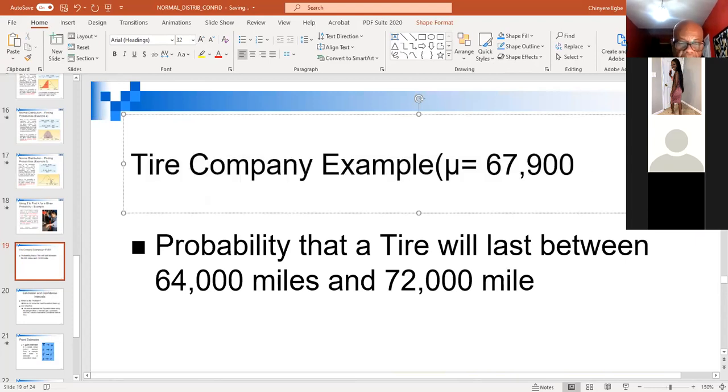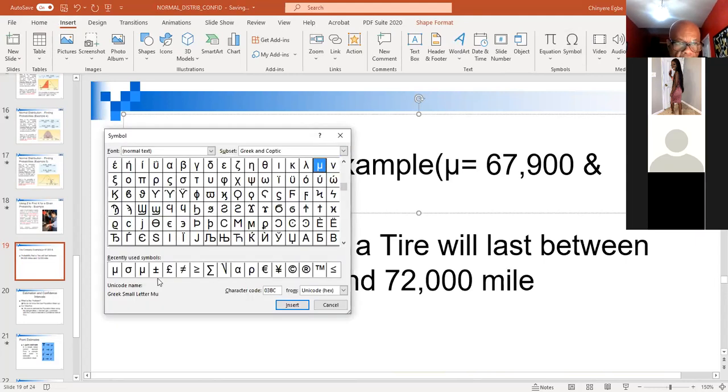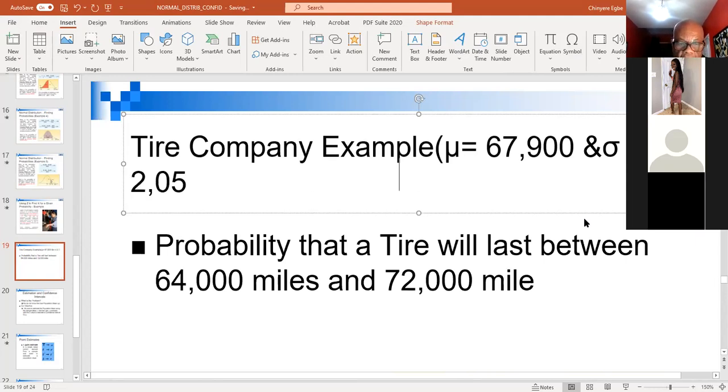And the standard deviation sigma equals 2050. Okay, so this is our example. All right.